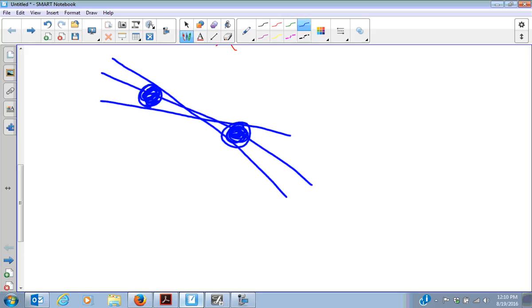There's 3 lines. There's 4 lines. Yeah, there's a whole bunch of lines that could go through those 2 points. And then in first period, I had a kid go, yeah, that's what I was thinking too. Okay. So, what happens? What's wrong with this?